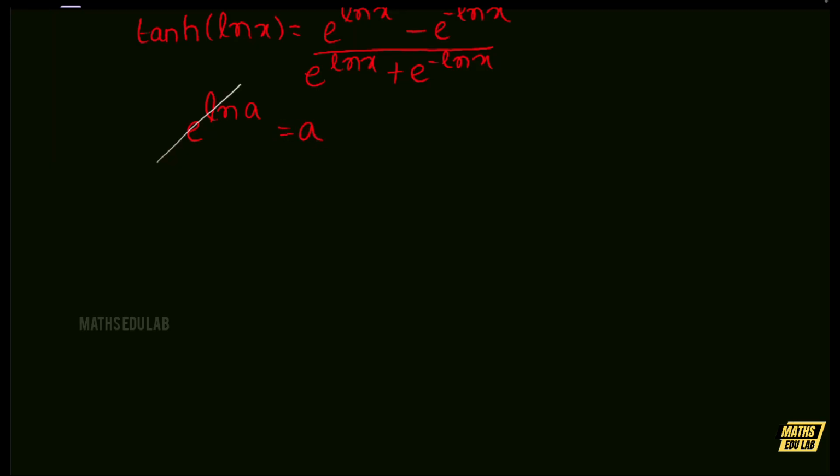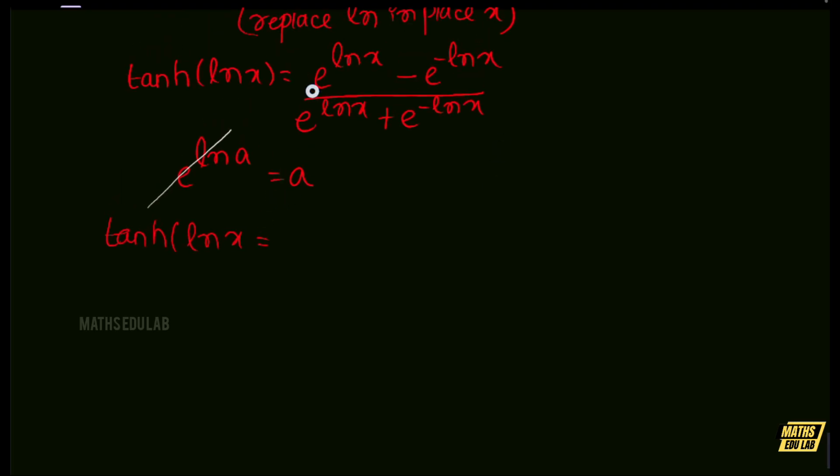Then we can write it as tan hyperbolic ln x is equals to, on cancelling these values, x minus, so here it is in the form of minus e to the power of minus ln x. So if I cancel out these values, still it is in the form of minus x value. So I can write this as 1 by x. So 1 upon x by x plus 1 upon x.